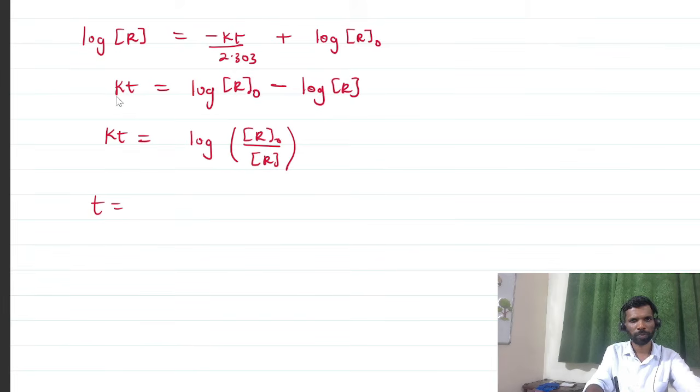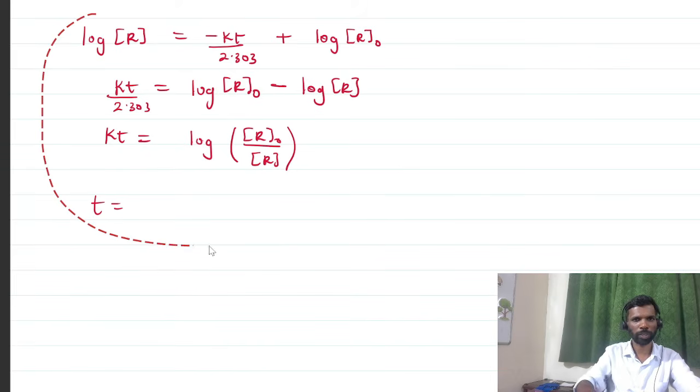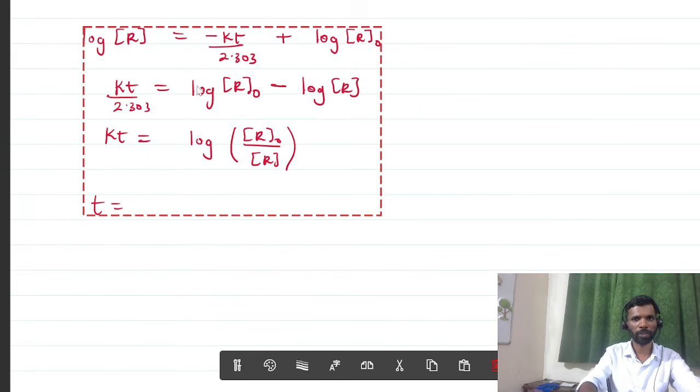Here this will come to 2.303 because the equation actually starts this way. I'll write the equation.